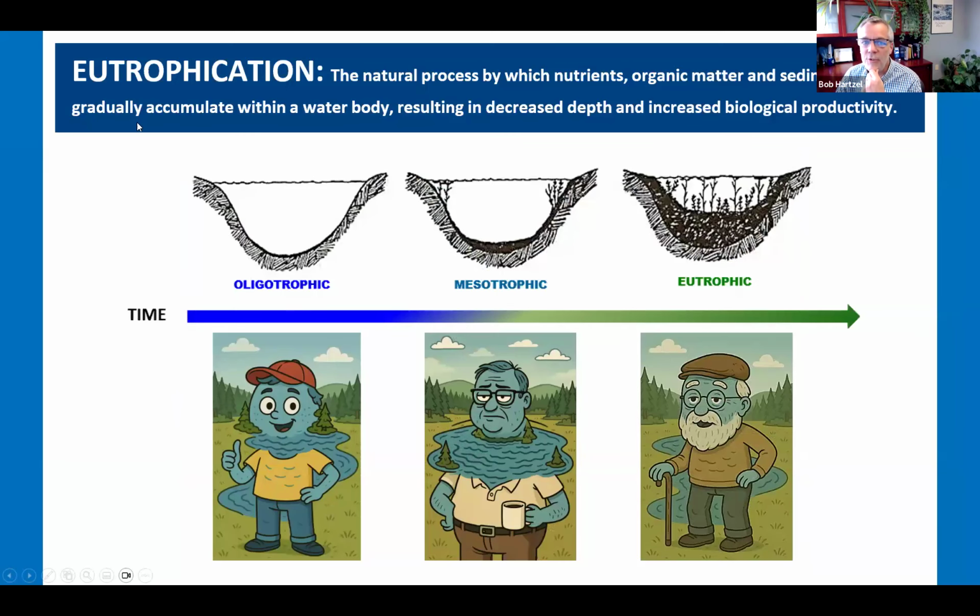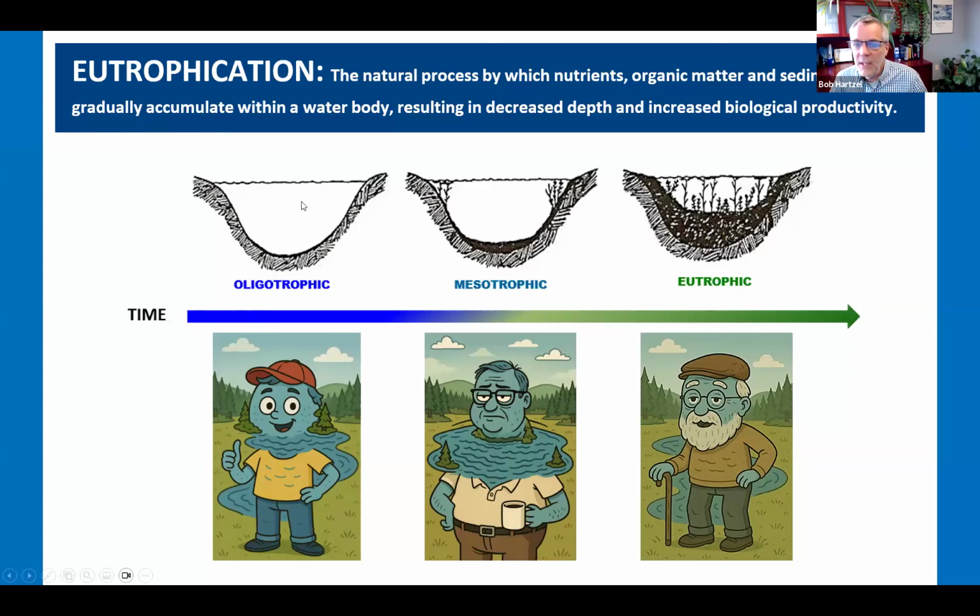Eutrophication is the term for the natural aging process for lakes. It's important to remember, this is a natural process that every lake goes through. It's the gradual accumulation of organic matter and sediments from the watershed, resulting over time in decreased depth and increased biological productivity. That is not to say that this process is in any way bad. There's no value judgment about this. We do get concerned about it as lake managers when this process is really accelerated by human activity in the watershed.